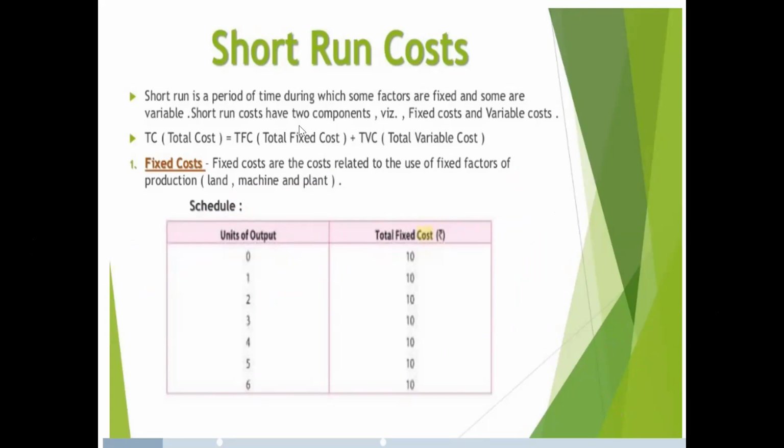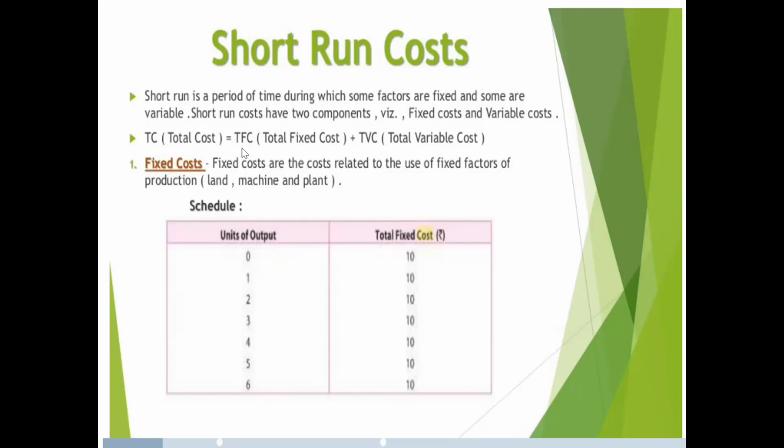Therefore, cost has two components, that is fixed cost and variable cost. The things that you have to keep in mind are the shortened forms of the cost. TC means total cost.